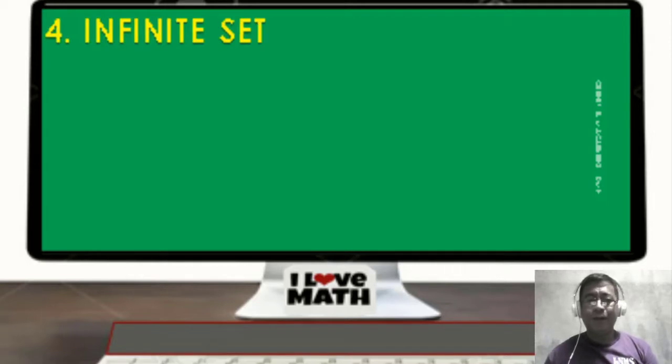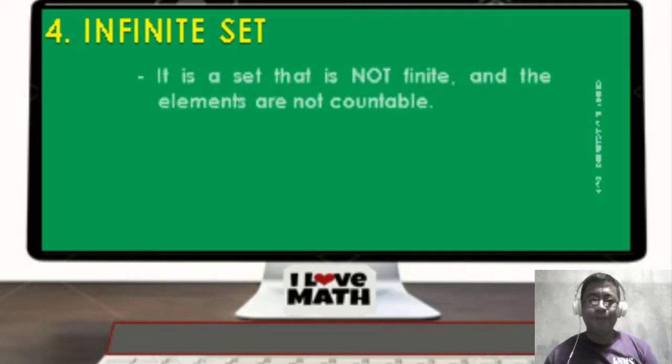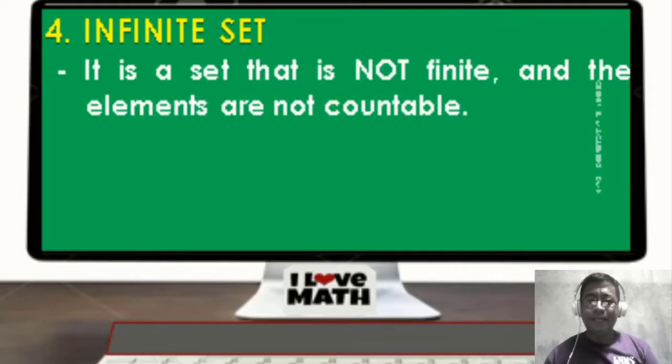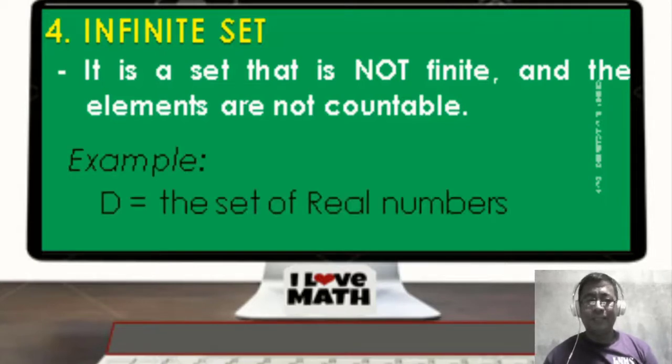Number 4, infinite set. It is a set that is not finite and the elements are not countable. So we cannot count the number of elements when we talk about infinite set. For example, set D is equal to the set of real numbers.